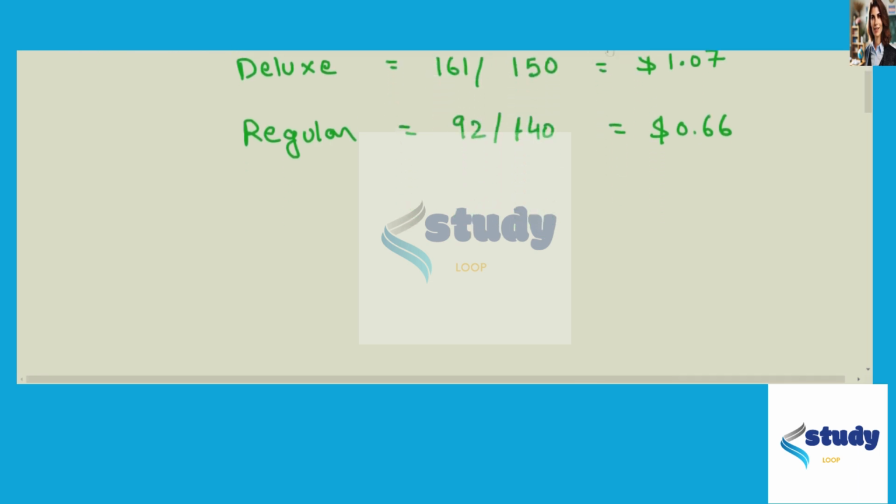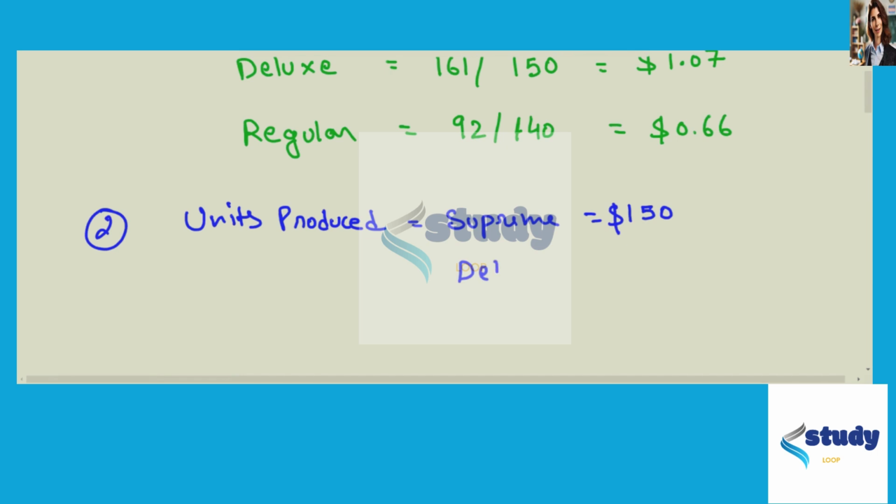So over here, second part. Here units produced for Supreme is given 150 million units. For Deluxe, it is given $190 million.